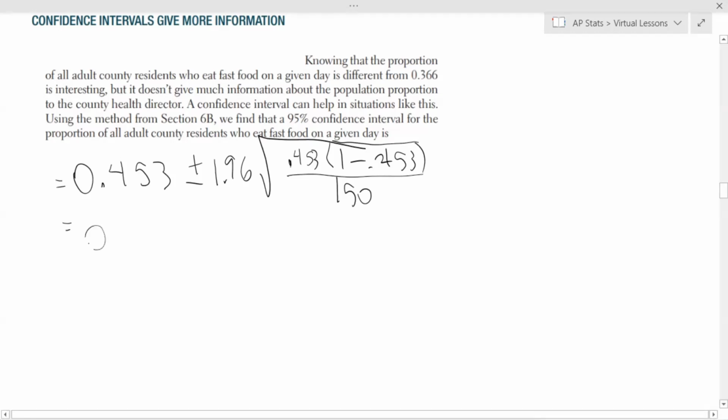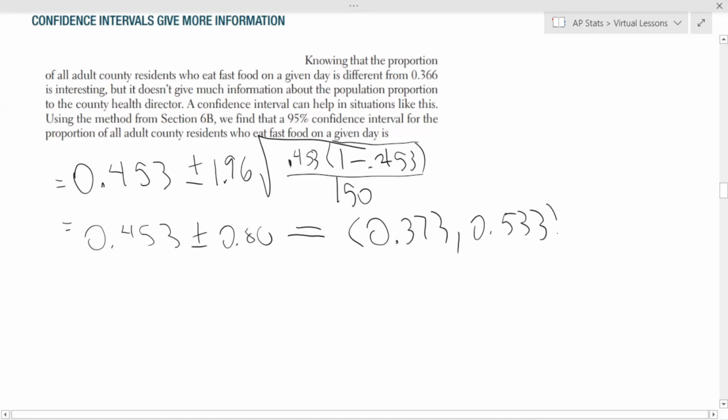Okay, so this is 0.453 plus or minus 0.080, which is going to give us a confidence interval of 0.373 to 0.533. Okay, so we are 95% confident that the interval 0.373 to 0.533 gives the true proportion of adult residents in this county who eat fast food on a given day.